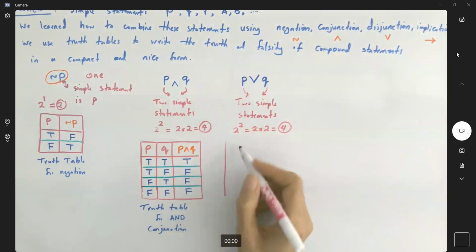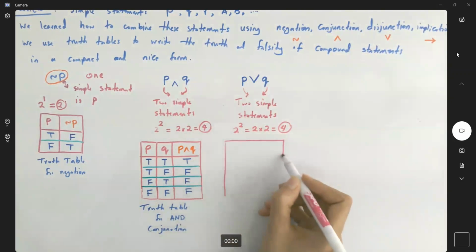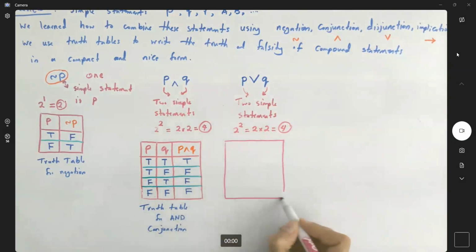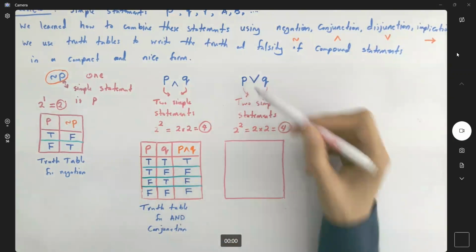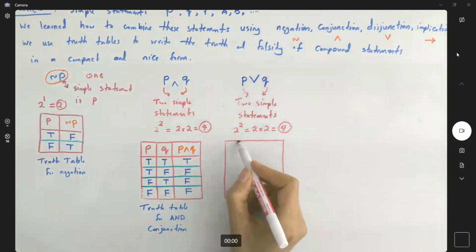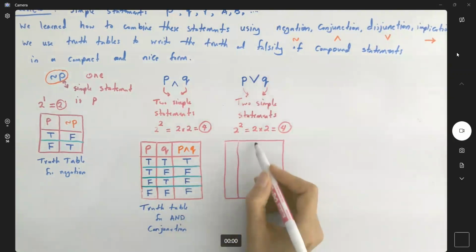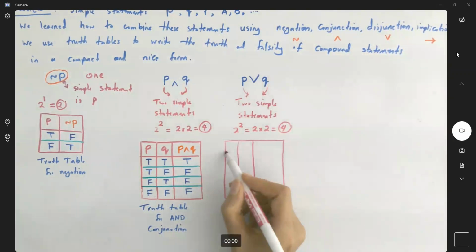Let's see what logic teaches us about the combination or. Since we have 2 simple statements, we always start by having two columns.